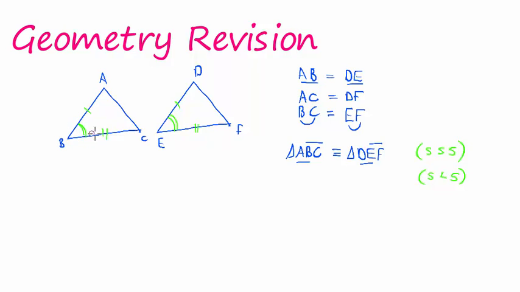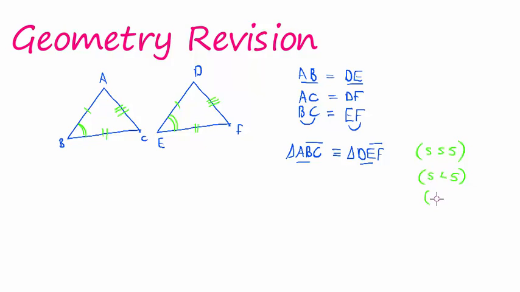Because if these 2 angles are equal and these 2 sides are equal, then this 3rd side doesn't have a choice. These 2 sides have to be the same. So it's what we call a corollary. If this is true, then this will also be true.